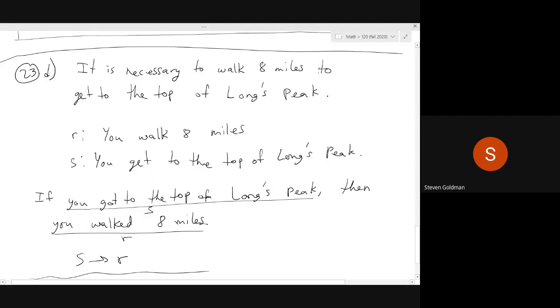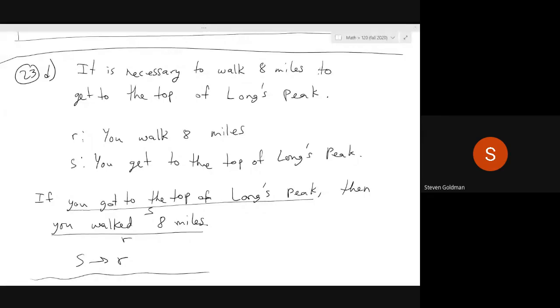If a person comes up to you and says, I got to the top of Long's Peak, then what do you know? You know, oh, he had to walk 8 miles. So if I tell you I got to Long's Peak, that forces something else to be true. You know I must have walked 8 miles to get there. So if S, then R. If I got to the top of the peak, then I had to walk 8 miles.